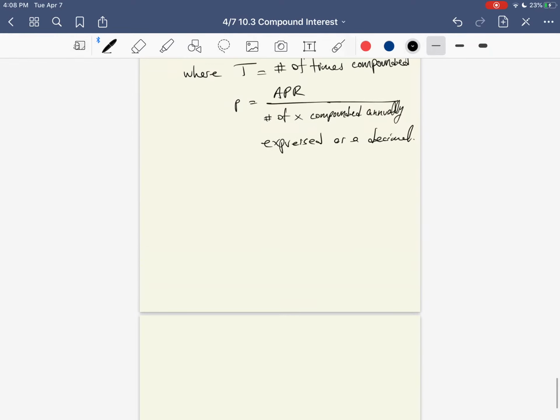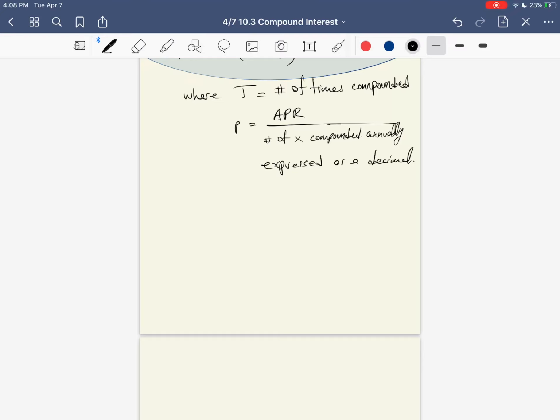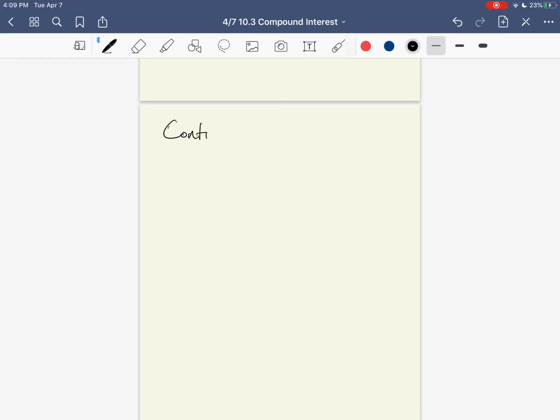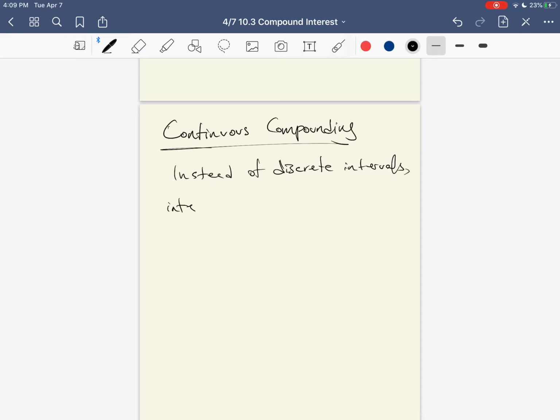This is continuous compounding. And as much as I'd love to talk about it, this is a subject for Math 19, not Math 17. This is really a calculus topic, and you need calculus to make sense of it. But I'll just give you the formula for it. With continuous compounding, instead of discrete intervals, interest is compounded infinitely often.